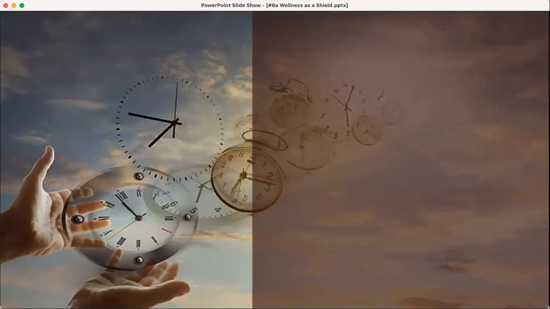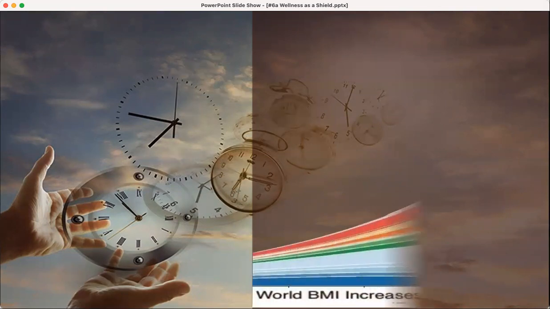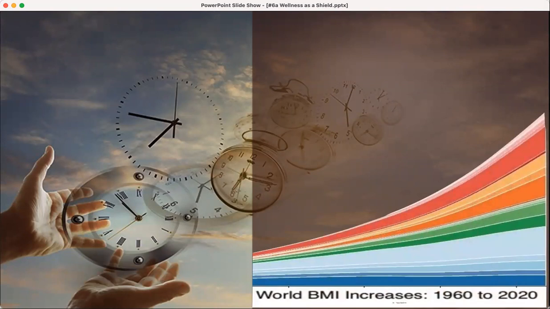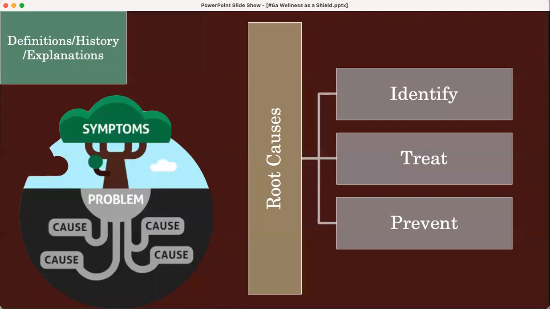So let's look at what's happened over time from the 1960s on. It's not just the US, but the world BMI. The body mass index has increased dramatically since 1960 to 2020.